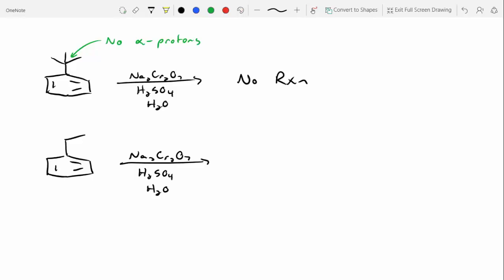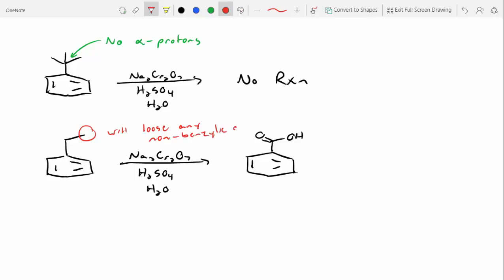This will actually cleave off any other alkyl groups hanging off of your molecule and still give you benzoic acid. So when you oxidize these, essentially we will lose any non-benzylic carbons. So we lost that terminal ethyl group that's kind of dangling off there.